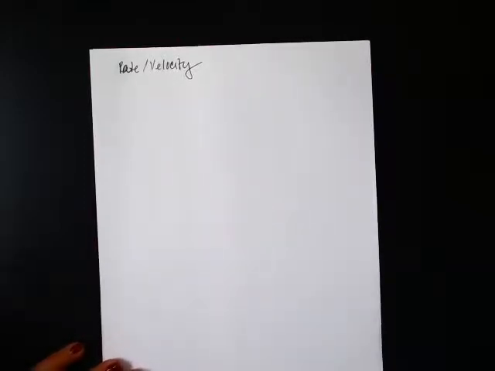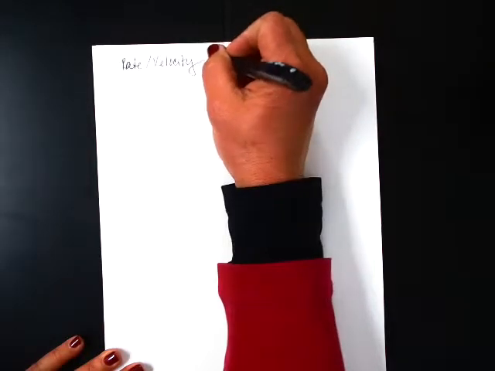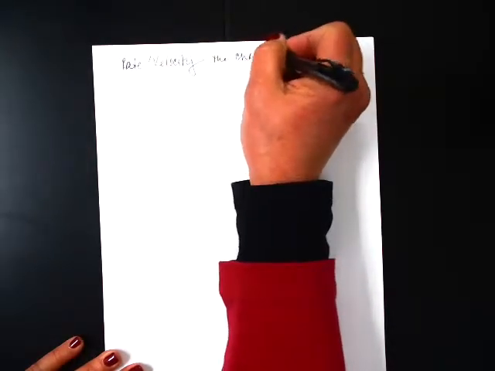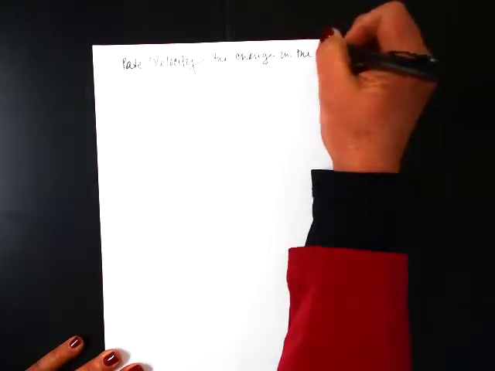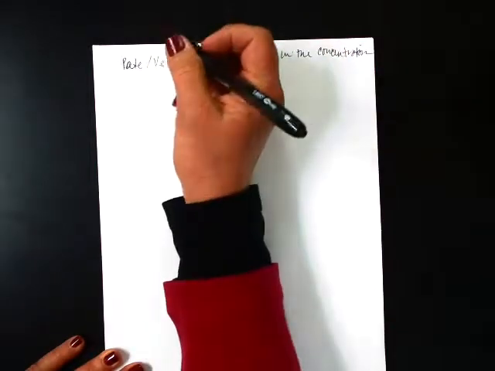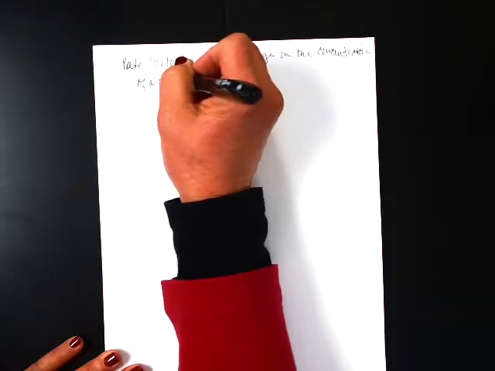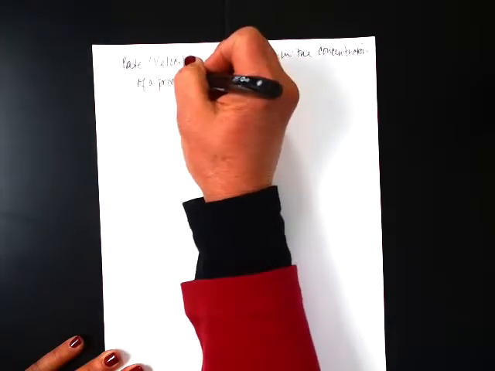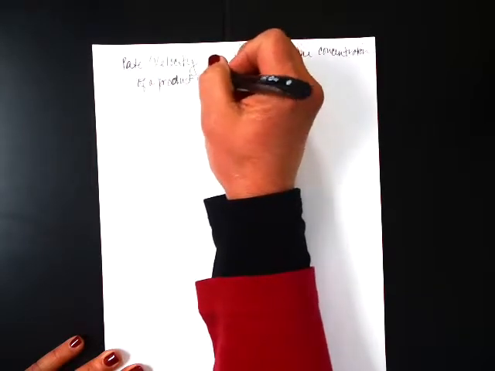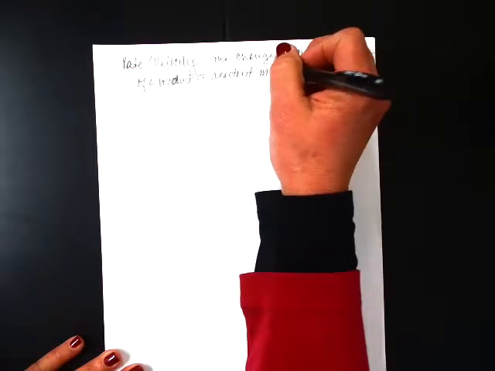Okay, so we're going to talk about an introduction to enzyme kinetics, or kinetics. First we need to talk about the rate, or velocity, and this is essentially the change in the concentration of a reactant or product with time.